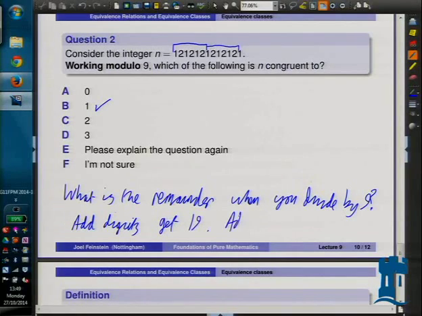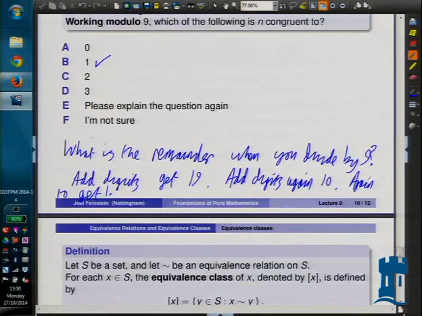Add digits again, and you get 10. And again, and you get remainder 1. This is the rule of 9. And I'm going to explain later why it works. Okay? And 1 is the correct remainder. We're going to see why that works in a bit.